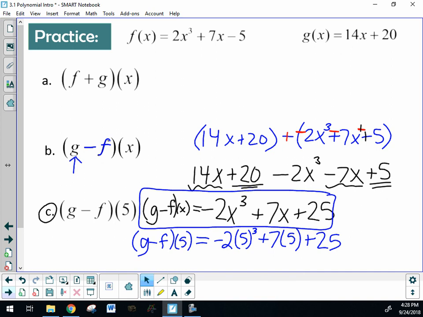When we calculate negative 2 times 5 to the third power plus 7 times 5 plus 25 in our calculator, you get that g minus f of 5 is equal to negative 190.